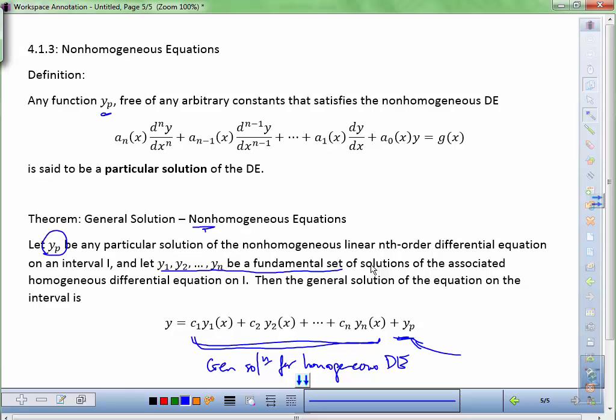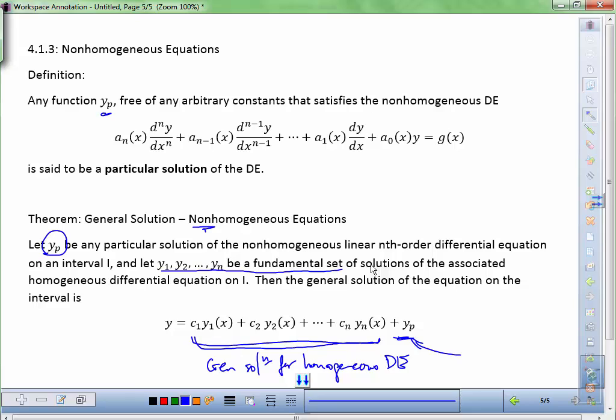Notice that the particular solution doesn't have an arbitrary constant. This is an nth order differential equation, so we need n parameters and arbitrary constants, and that particular solution doesn't have an arbitrary constant. Yeah, that's how you would solve for a non-homogeneous differential equation.